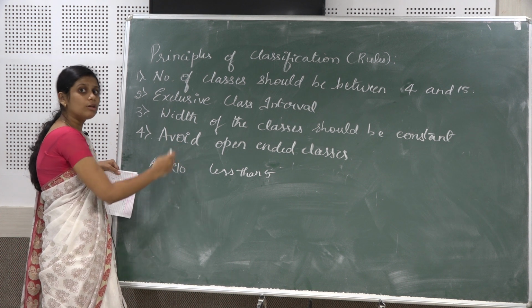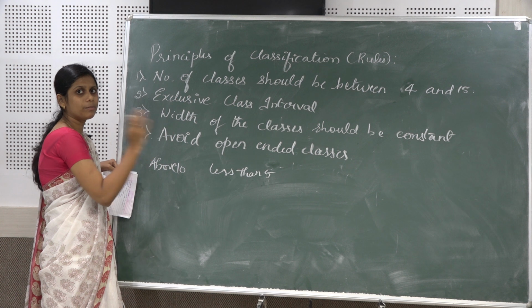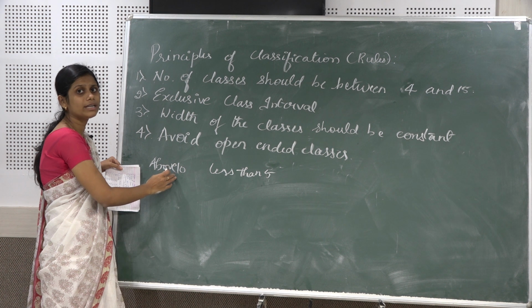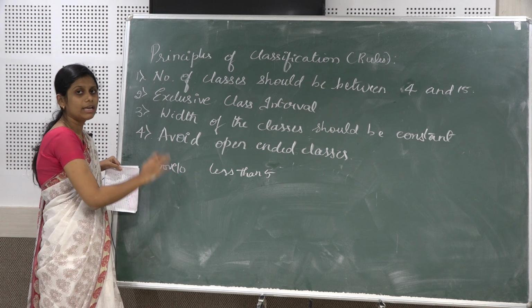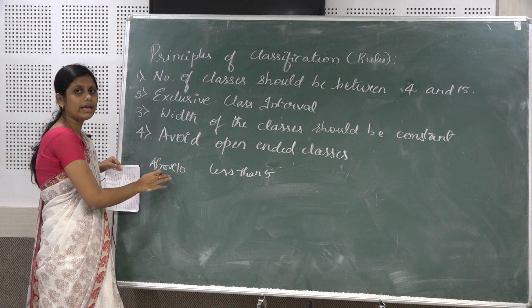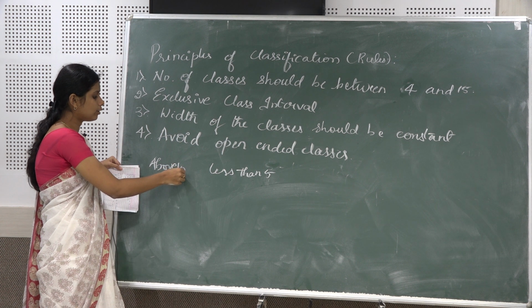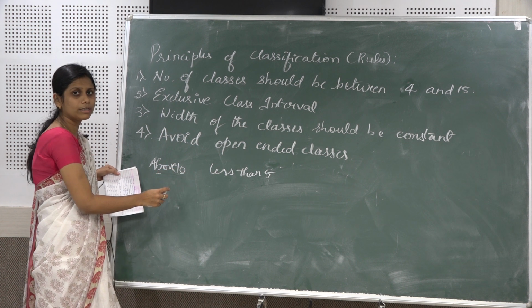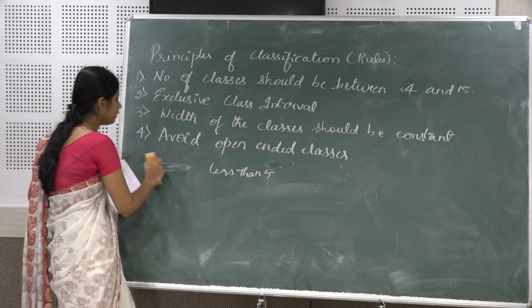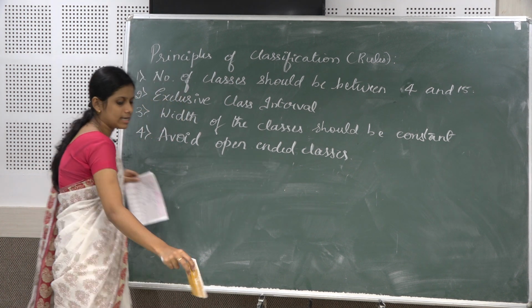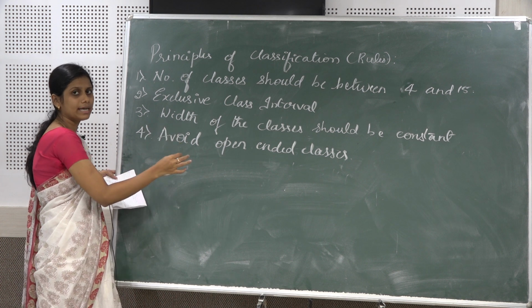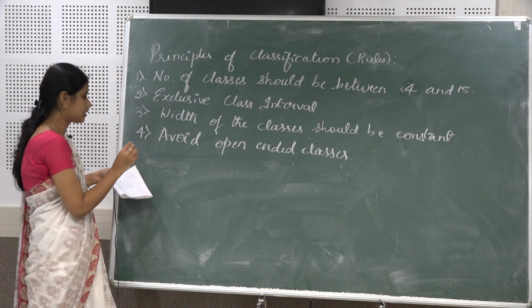Above 10 means the lower limit is 10, but the upper limit is not specified. This kind of class interval should be avoided because you can't find the mid values for such classes. If you are asked to find the mid values for this type of classes, for finding the mid value, you need both the upper limit as well as the lower limit of the class. That's why, in order to find the mid value, you should avoid open-ended classes. That's why this is one of the rules of classification.